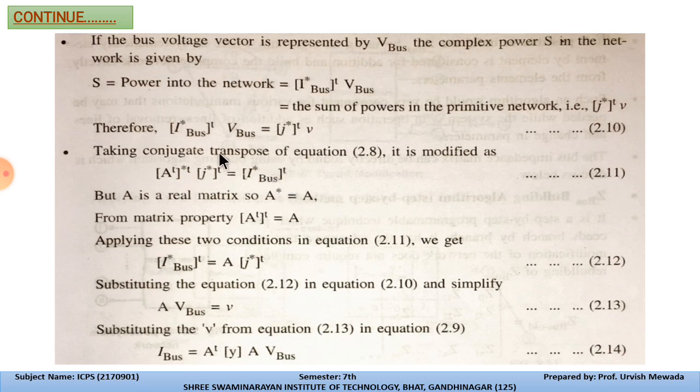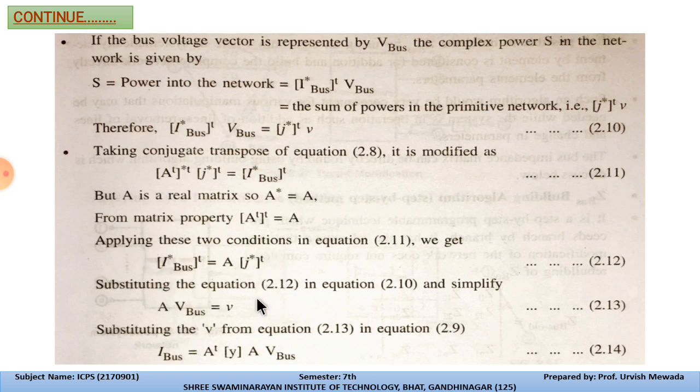But A is the real matrix, so A transpose is equal to A. So from the matrix property, the transpose of the A transpose is equal to A. So applying these two conditions in equation 2.11, we are putting them in this, so this will become I bus transpose is equal to A transpose into transpose will become A, so that's why A into J conjugate transpose. So this will become the I bus equation.